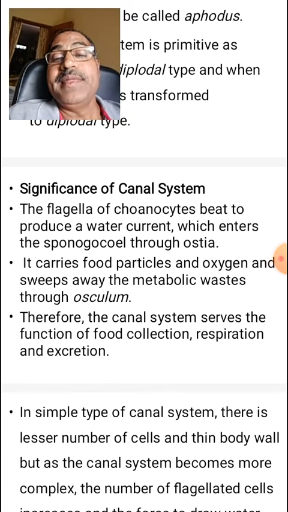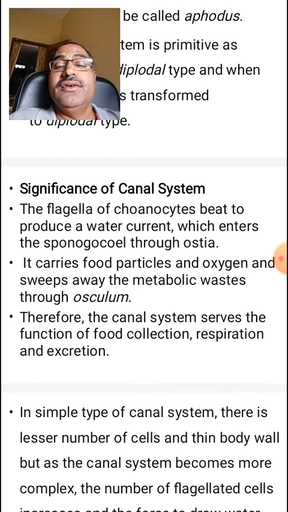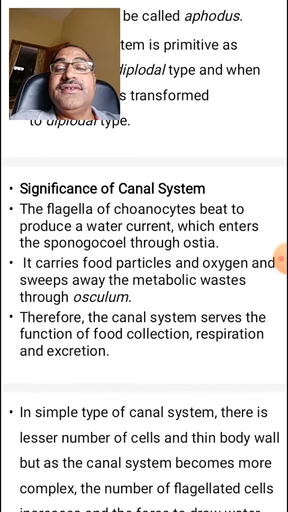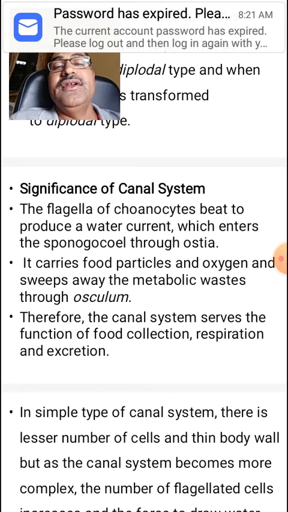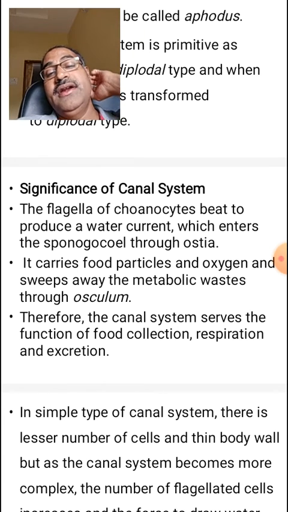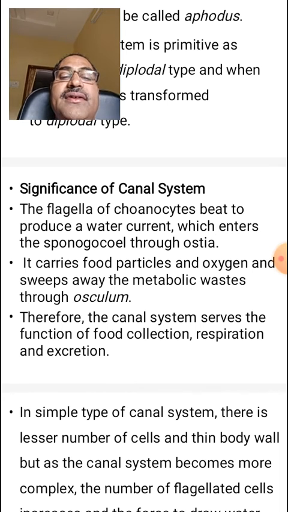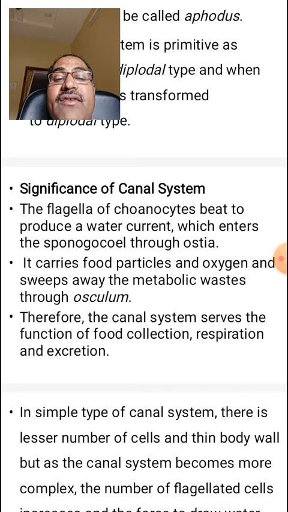So, significance of the canal system. The flagella of choanocytes beat to produce the water current which enters the spongiocele through the ostia. This is the first use of the canal system. It carries food particles and oxygen and sweeps away the metabolic waste through the osculum.